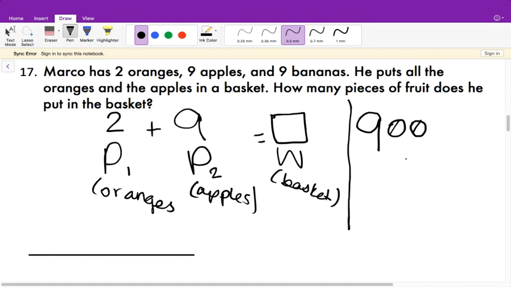So our answer is going to be 11. And we need to check for a label, which we look for after the words how many. And it says how many pieces of fruit. So we're going to write pieces of fruit for our label.